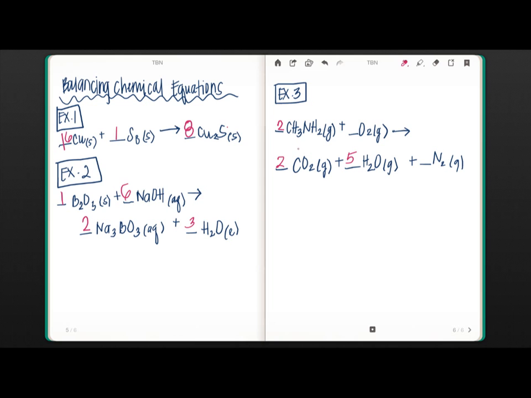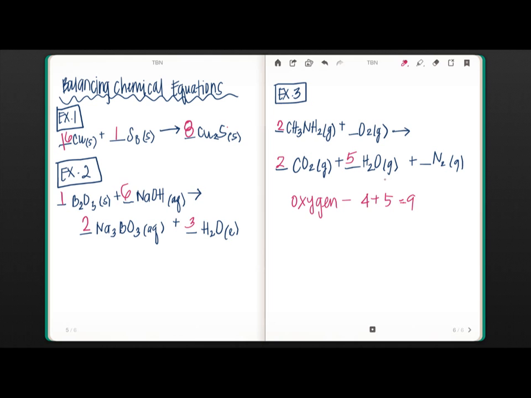And then next you have your oxygen. So I would just try to count all the oxygen on the product side and then see what's the coefficient to put for the reactant. So for CO2 you have 2 times 2, you have 4 oxygens here. So for oxygen, you have 4 for the CO2 plus 5 from the H2O, and so that equals 9.